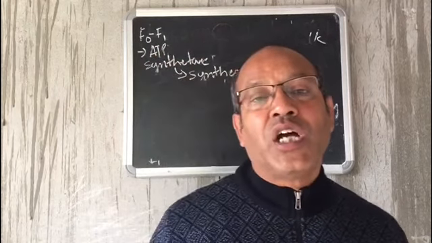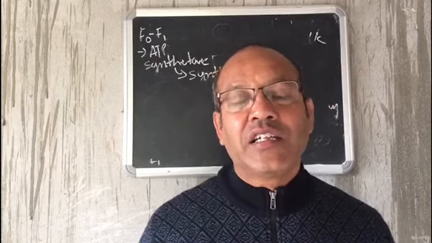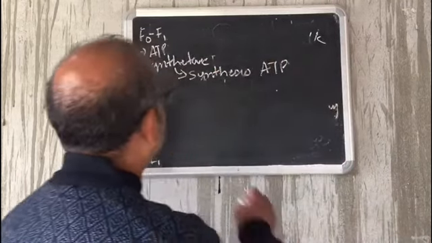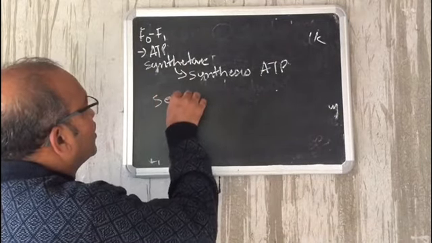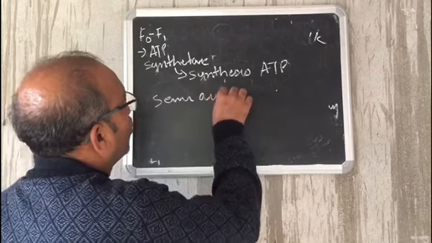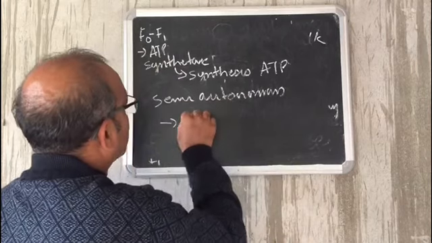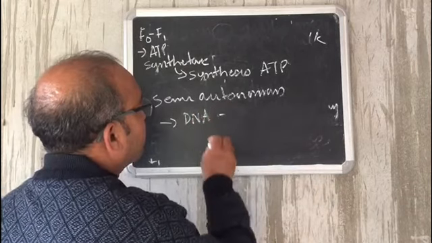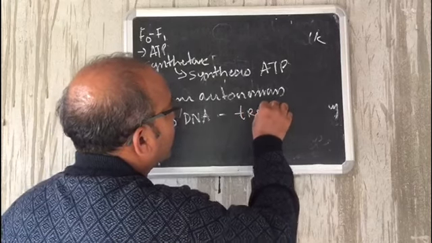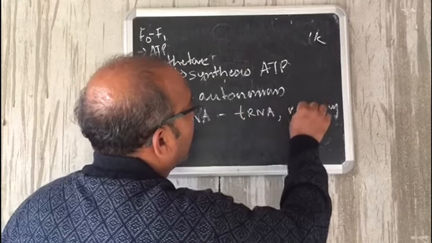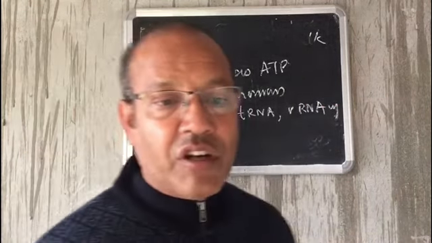It produces its own messenger RNA, transfer RNA, and ribosomal RNA. It has its own DNA, which is self-replicating, and it can produce its own RNAs, the tRNA and rRNA. So it can carry out its own process of protein synthesis.